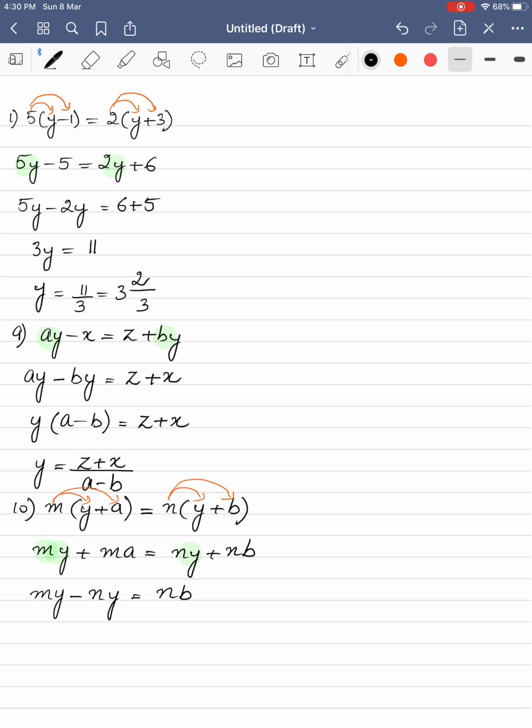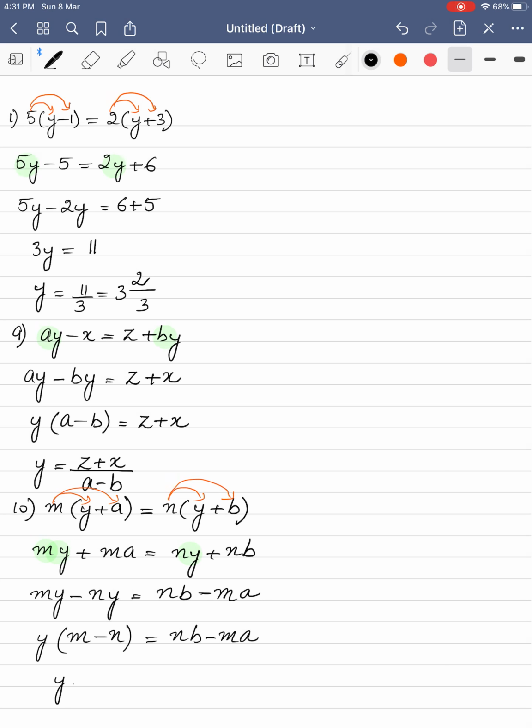So my - ny = nb. The positive ma from the left hand side moves to the right hand side and becomes negative ma. Now on the left hand side we are left again with two terms containing y. We can take y common out and factorize. So we will be left with (m - n) on the left hand side and nb - ma on the right hand side.